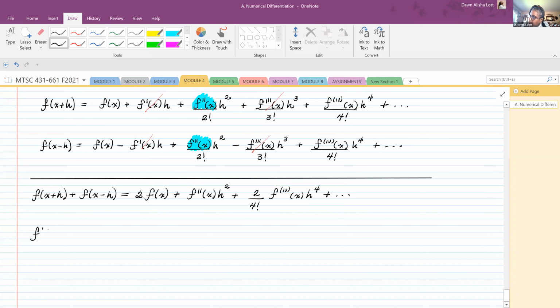So I get f double prime at x equals f at x minus h minus 2 f at x plus f at x plus h, divided by h squared, plus something of order of h squared.